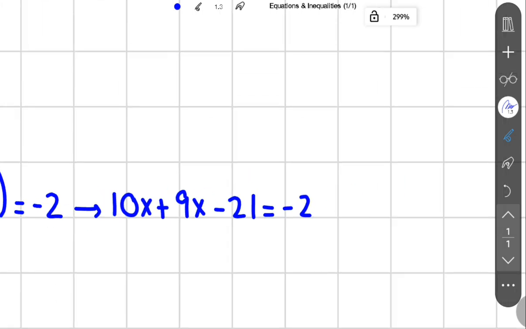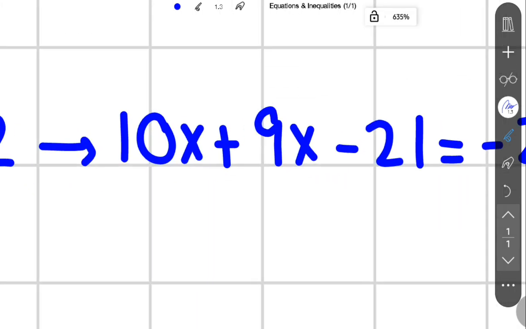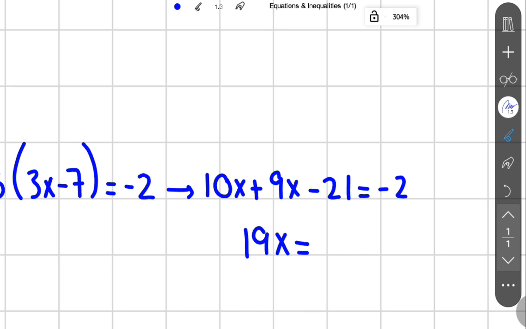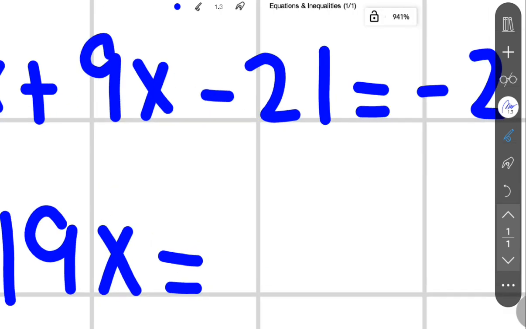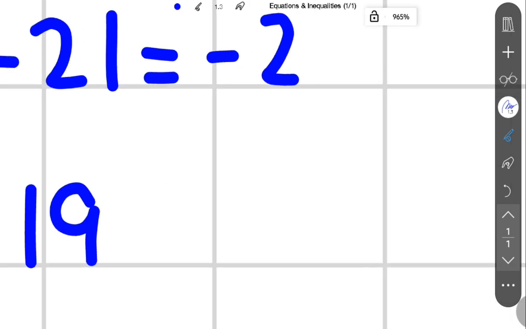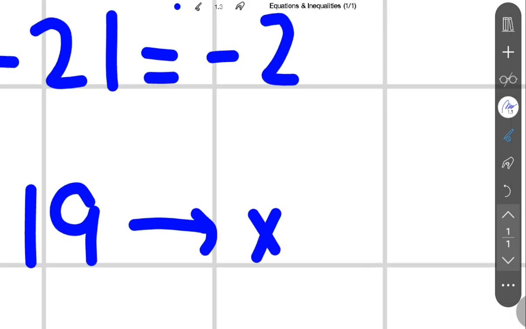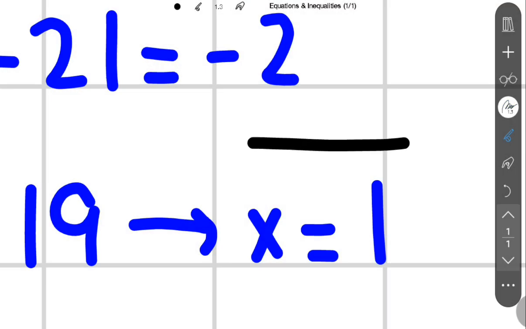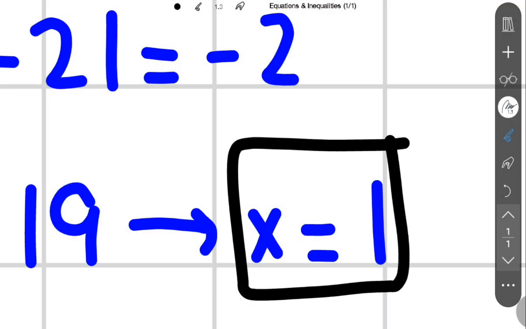We can gather the like terms together, so 10x plus 9x is 19x, and if we add 21 to each side, we'll have 19 as well. So we'll have x equals 1, and this is our answer for the x variable.